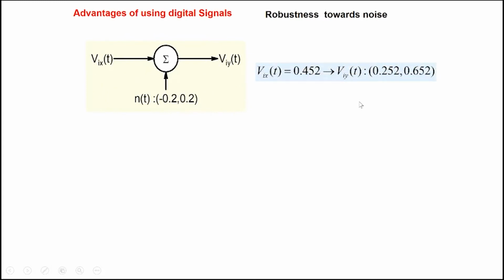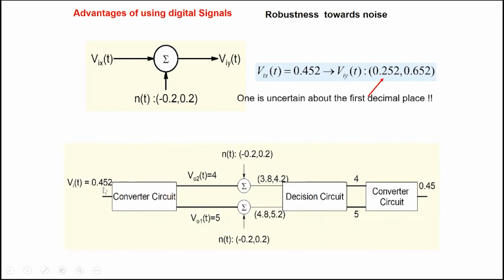All right, we said that when we take an analog signal and convert it into a digital signal, there's a loss in accuracy, because if you're using 2 digits, maybe you're losing the information that lies in the third and fourth, the higher digits. But note that we just saw, for example, if we took 0.452 as the analog signal and add noise here, we'll get anywhere between 0.252 and 0.652. And when we take 0.452 and convert it into a 2-digit number, 45, then at the end of it, despite the presence of noise, we are able to get 0.45.